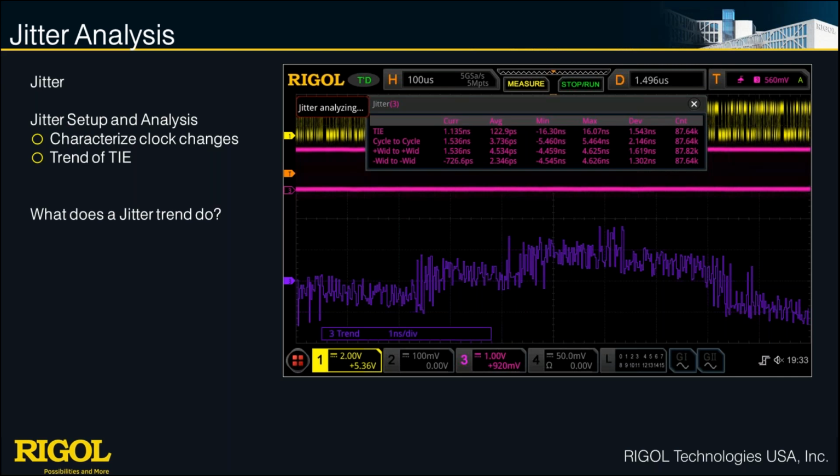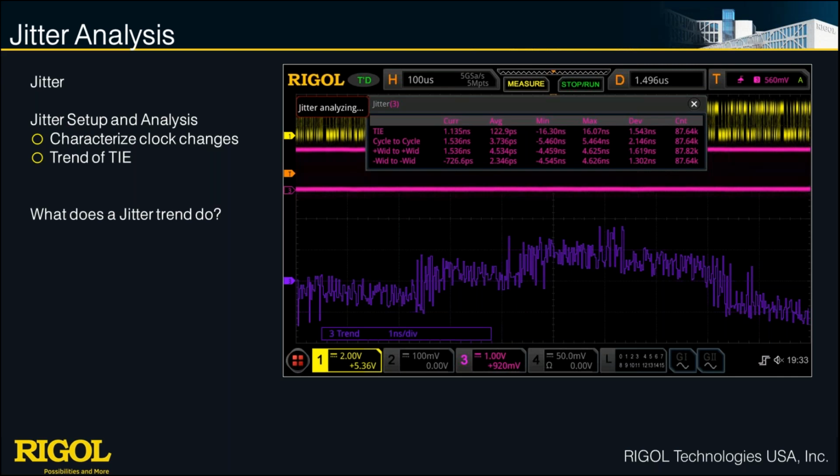Here, what you see in the purple is what we call a jitter trend. This is actually a TIE trend, looking at how the time interval error is changing over time. So you can see, even though we know this clock signal is running at about a megahertz, with a period on the order of a microsecond, we see subtle changes on the order of hundreds of picoseconds happening as the frequency shifts subtly.